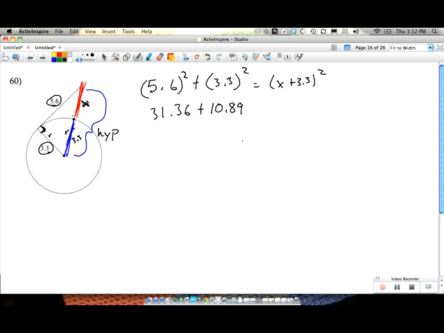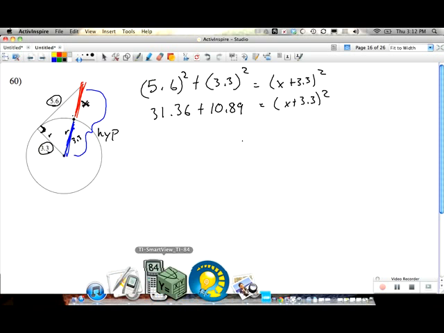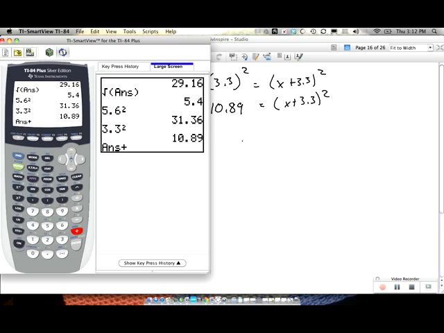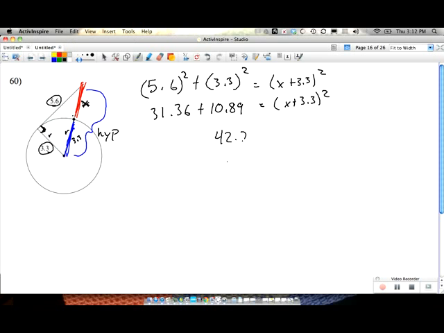Over here I still have x plus 3.3 squared. I'm going to leave that alone for now. I'm not going to change anything to it. I'm going to add these two together though. 31.36 plus 10.89 gives me 42.25. So 42.25 equals x plus 3.3 squared. I'm going to square root both sides just to get rid of that squared finally.